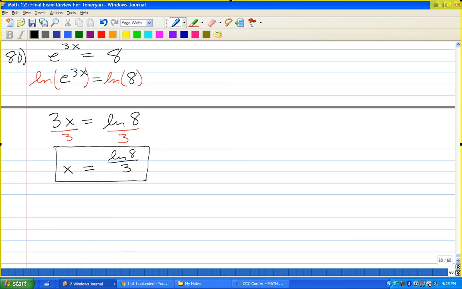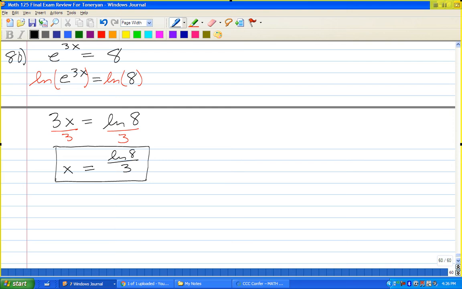Actually, let me look at the answers, just in case she simplified to ln of 2. I doubt it, but just in case. 80, yeah, so that's the way she wrote it. Oh, she put a log there.